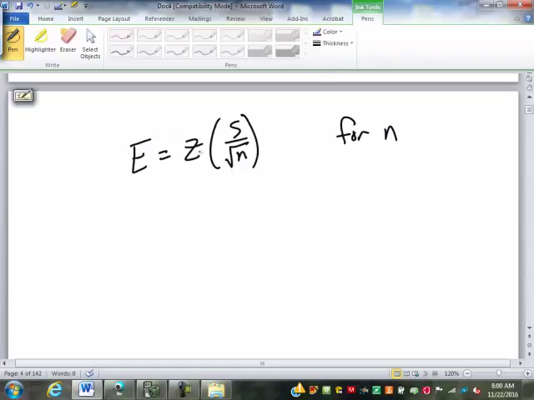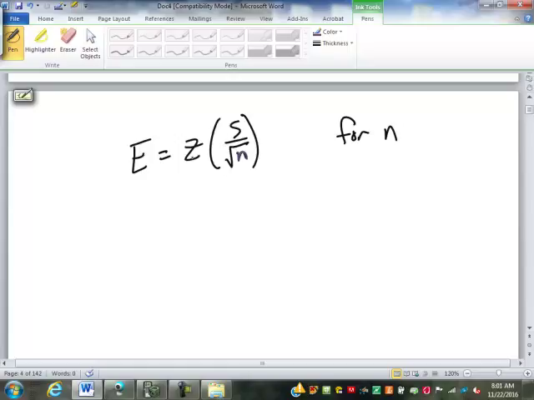So here I have the formula, the margin of error equals Z times S over the square root of N. And I want to solve that for N. So I've got to whittle this away. If I start with N, it has been square rooted, but I can't get rid of that right now.